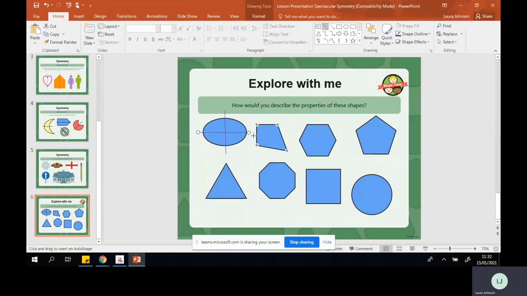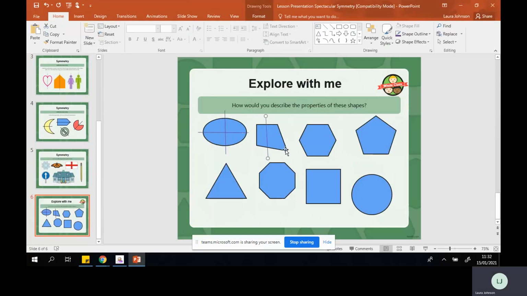Let's try putting it horizontally through the middle here. Is it the same at the top and the bottom? Is it a mirror? Is it reflective? No, so I can't have that one. Let's try down the middle. Is that the same on both sides?